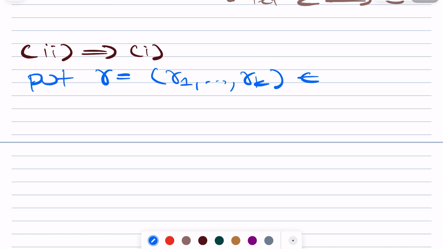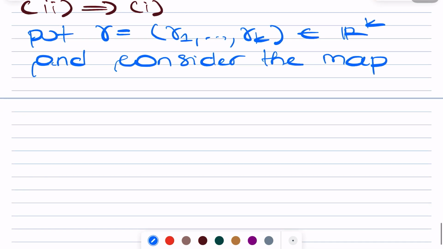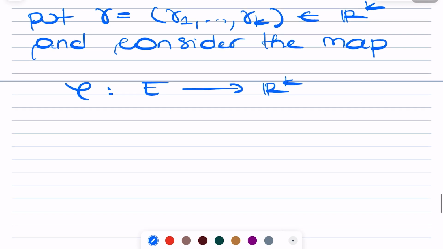This is a vector in R^k, and consider the map, call it phi, defined from E to R^k by phi of x equals the vector phi i of x, i from 1 to k.